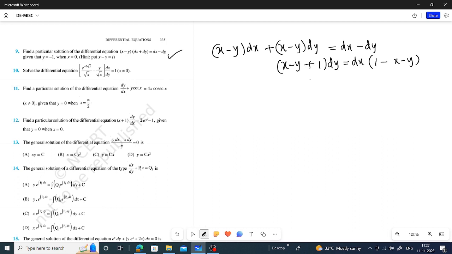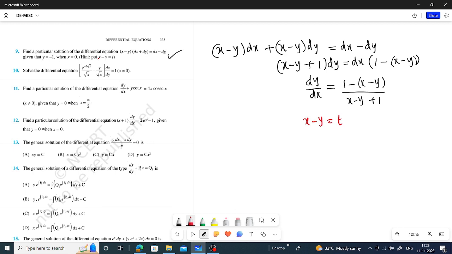Okay. Now dy by dx is equal to 1 minus x minus y, like this, (1 minus (x minus y)) by (x minus y plus 1). Now we have been given a hint that x minus y should be substituted as t. So x minus y, when we substitute as t, what will be dy by dx?